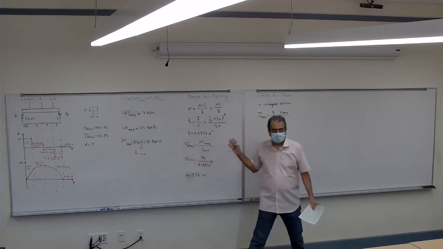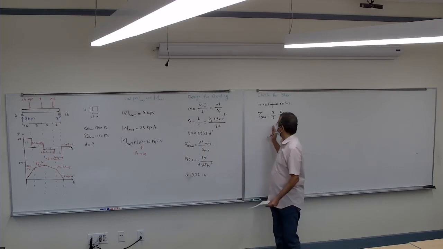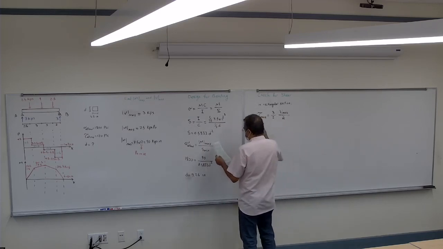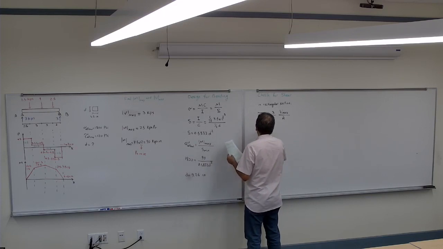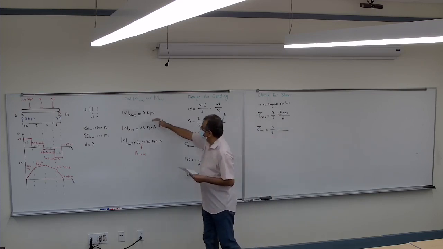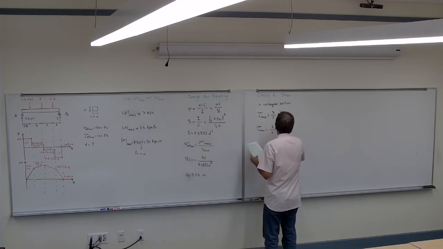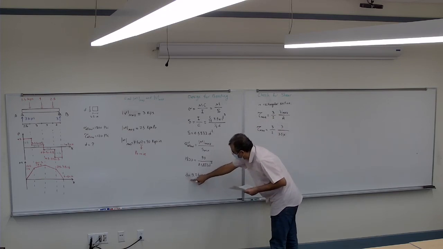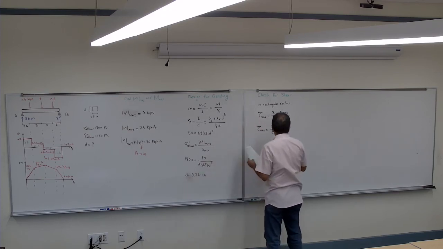Remember from what we had for the rectangular cross section. So that's the maximum that's going to happen. So tau max is going to be the maximum shear, 3, divided by cross section, which is going to be 3.5, multiplied by the one that we just calculated, 9.26.